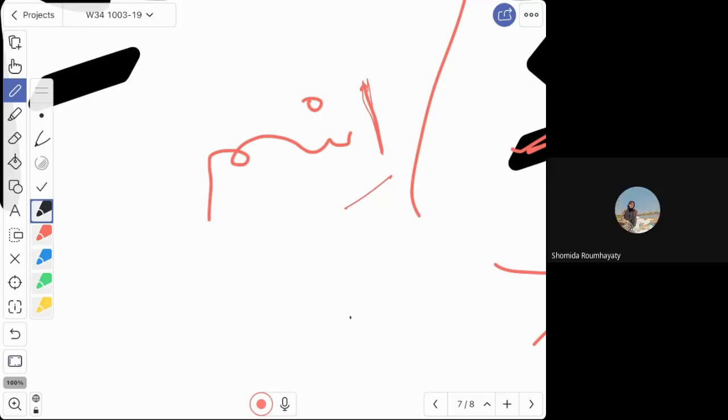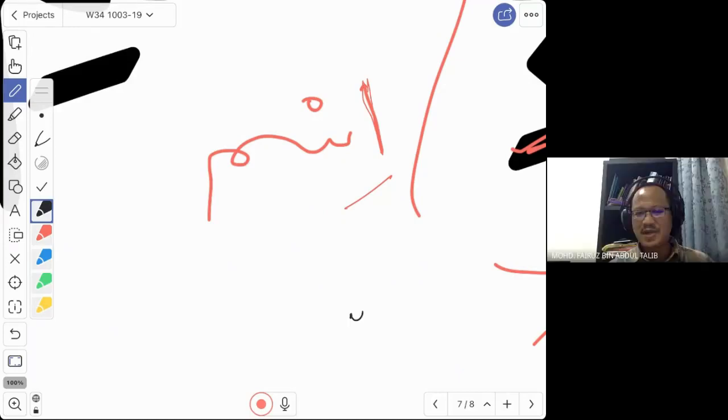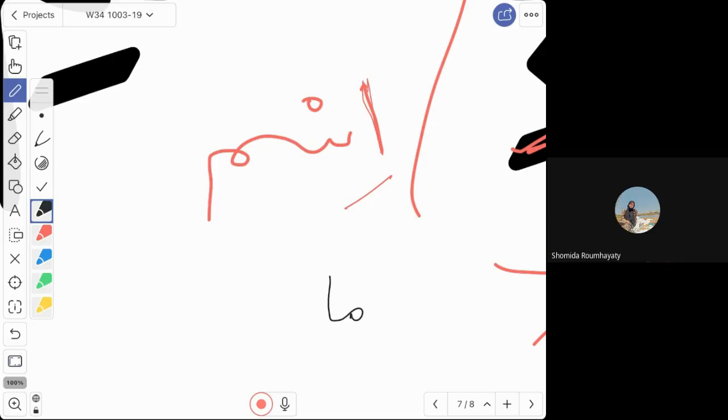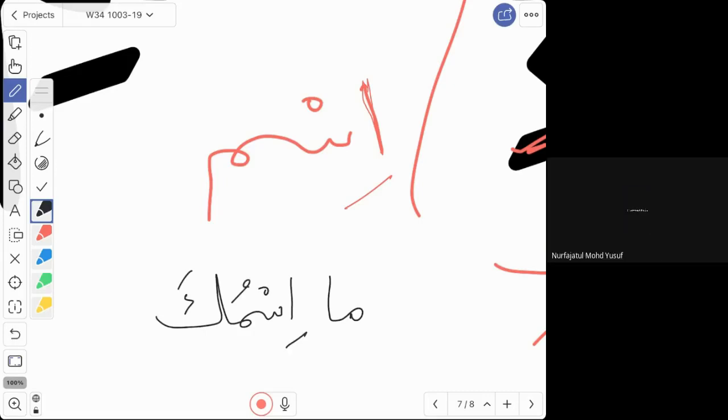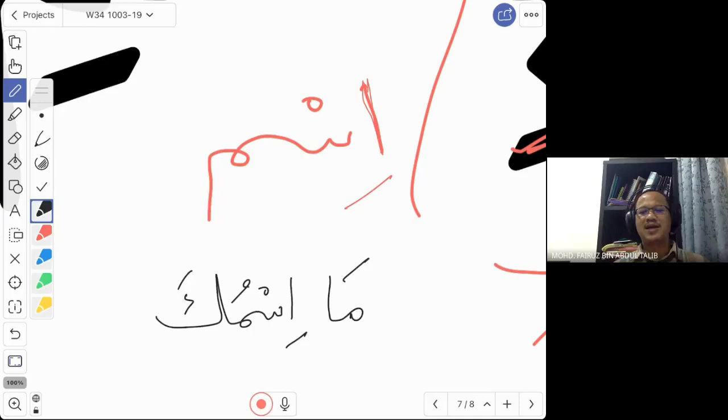Ma. Again, ma. Ma ismuka. Okay, how do we read this? Do we say ma ismuka? Masmuka. Yes, correct. So if you were to put the vowel, of course the alif will have a kasra.